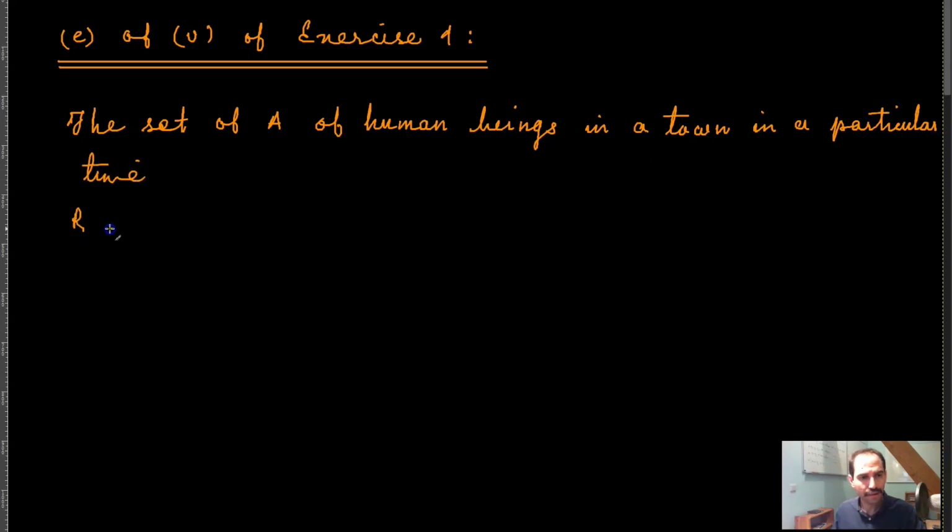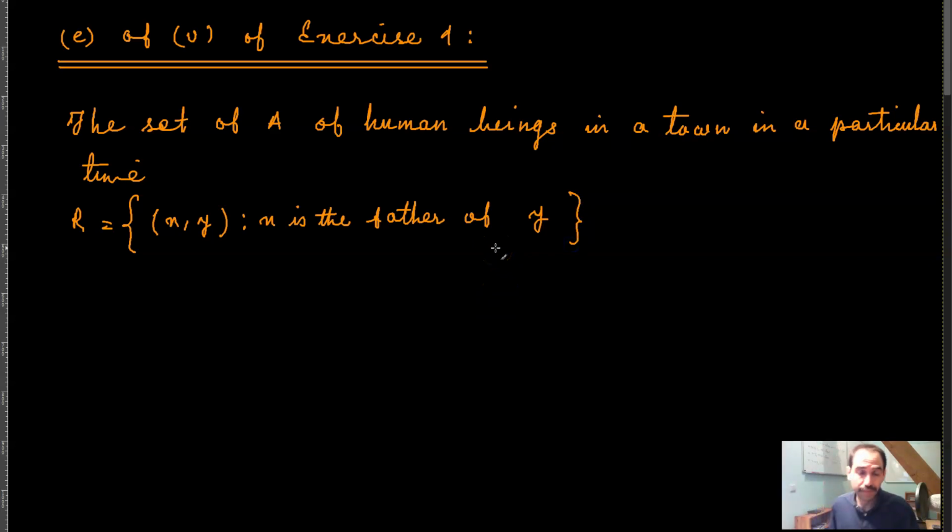And the relation R defined on this set is R equal to all the ordered pairs x comma y such that x is the father of y.